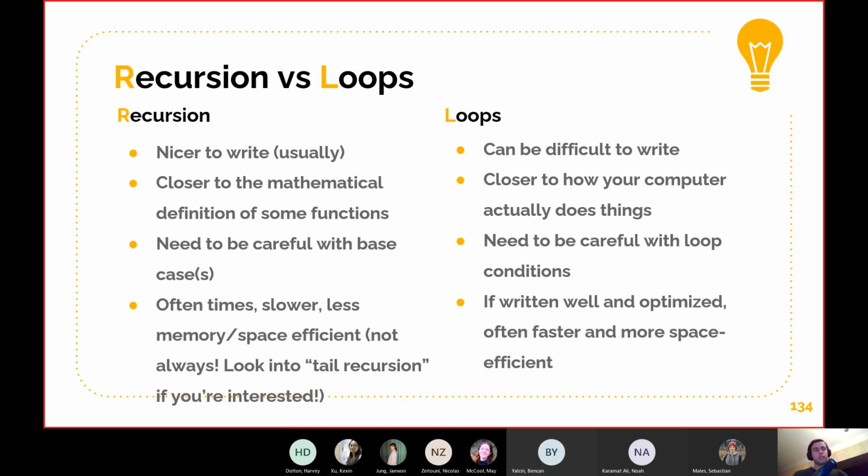Recursion is usually slower, so when people do competitive programming, they tend to prefer loops instead of recursion. But if you don't care about efficiency that much, then recursion is way more readable. Not all recursion is slower. There is something called tail recursion, which I will not delve into, but it's a bit more efficient than regular recursion.